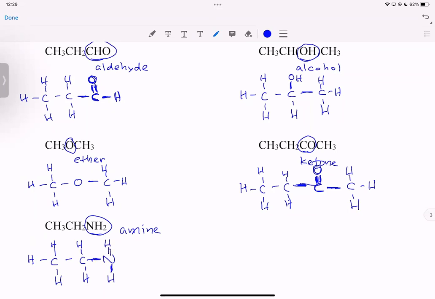Nitrogen has 3 bonds, make sure that doesn't look double. Nitrogen has 3 bonds and 1 lone pair for its octet rule. So you don't need to have the lone pair. I'll actually erase that to be consistent. But carbon has 4 bonds, nitrogen has 3 bonds, oxygen always has 2 bonds, and hydrogen always has 1 bond when you're drawing these structures.